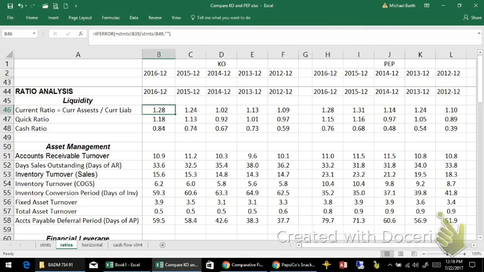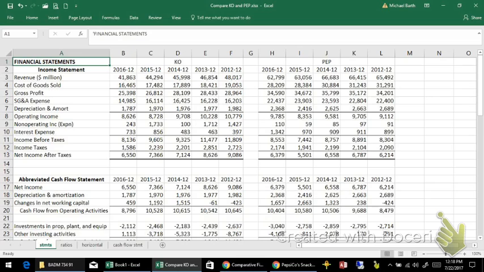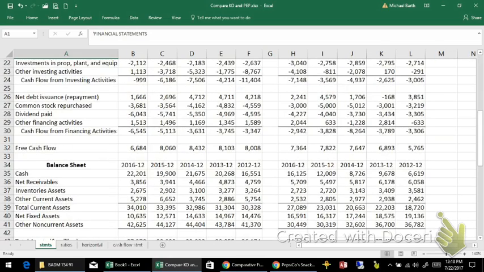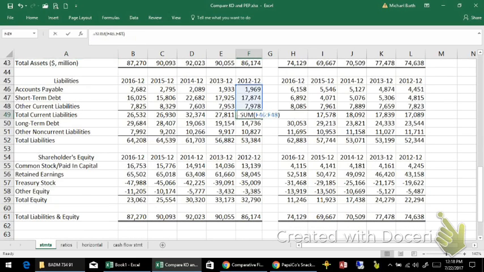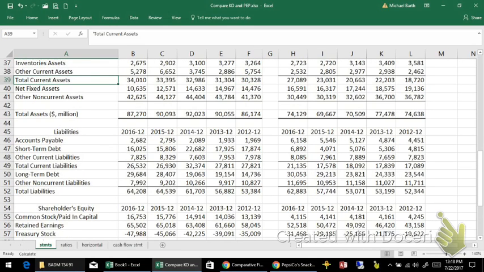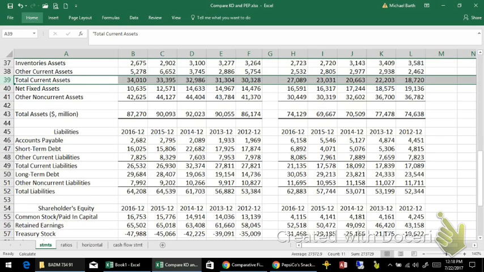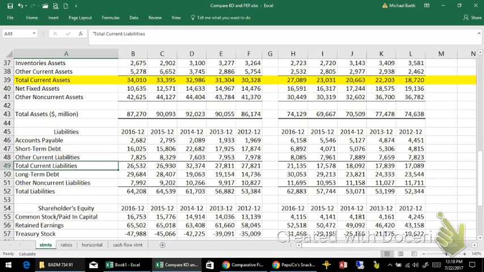If we go looking at the actual financial statements to try and find reasons for that, it could be either the current assets getting bigger or the current liabilities getting smaller. If we're tracking this over time, these are my current assets, and these are the current liabilities for the two firms.